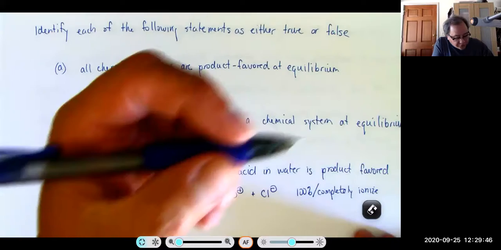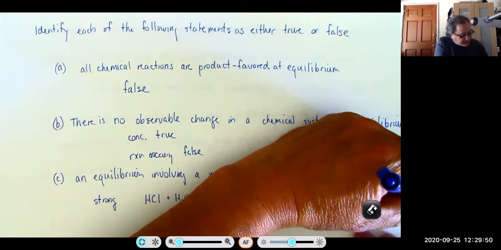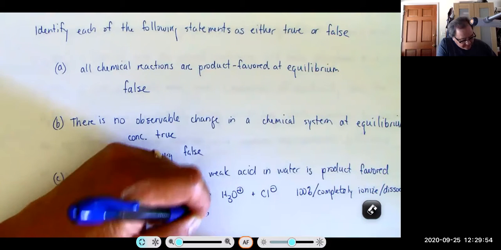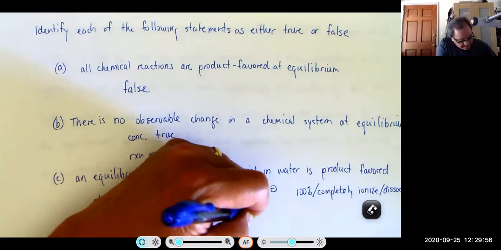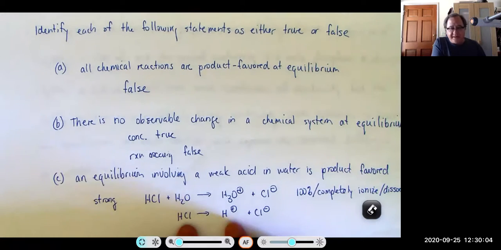We could also use the term dissociate, because sometimes this is written this way, where this hydrogen is analogous to this H3O plus, the hydronium ion. This is just a simpler way to write it.